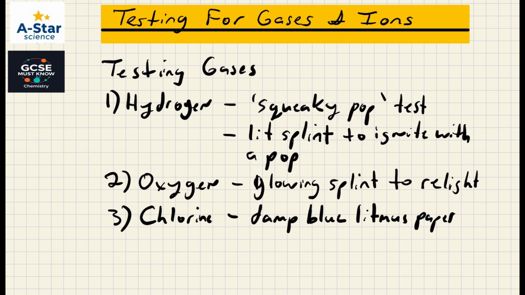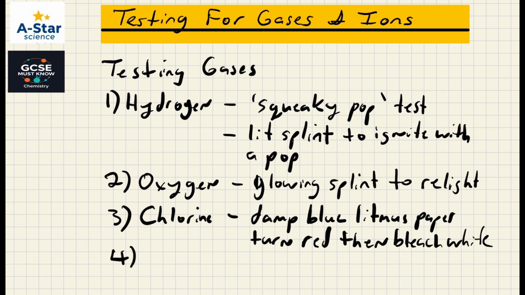Damp blue litmus paper will turn red, then bleach white in the presence of chlorine. This is because chlorine is an acidic gas, so that blue litmus paper in the presence of an acid will turn red, then bleach white. The white comes because chlorine is a very good oxidizer. In fact, it's used in many of the products we use to whiten our clothes.